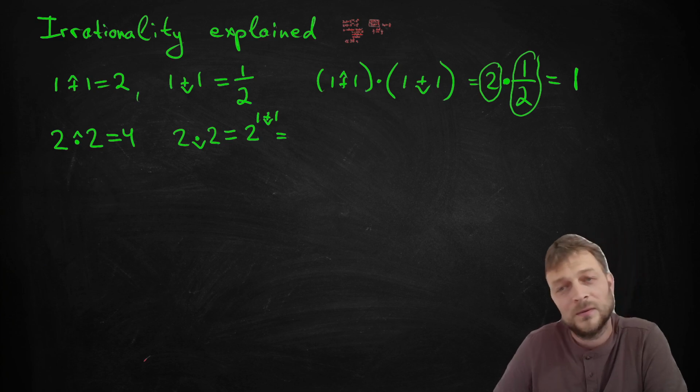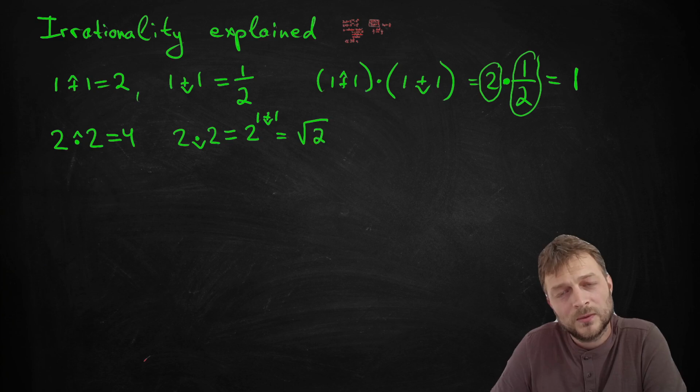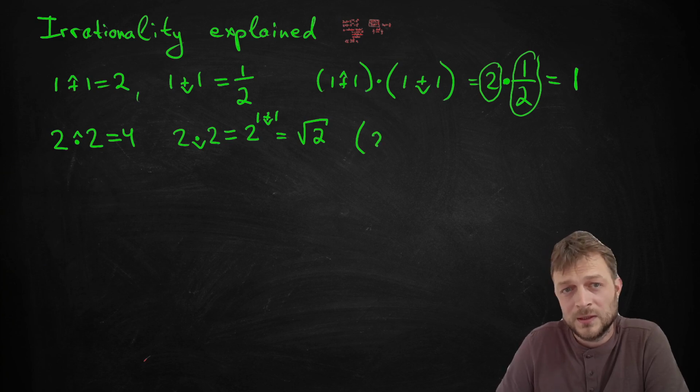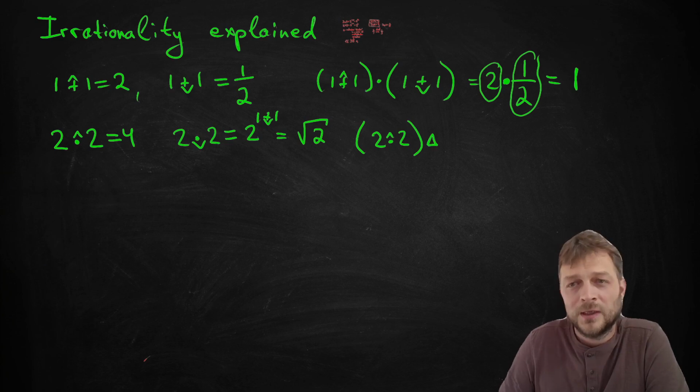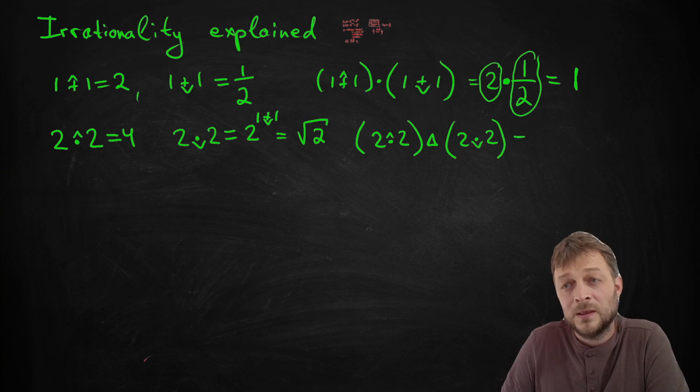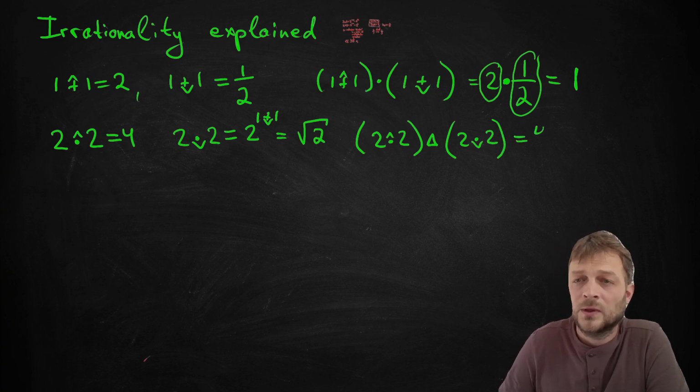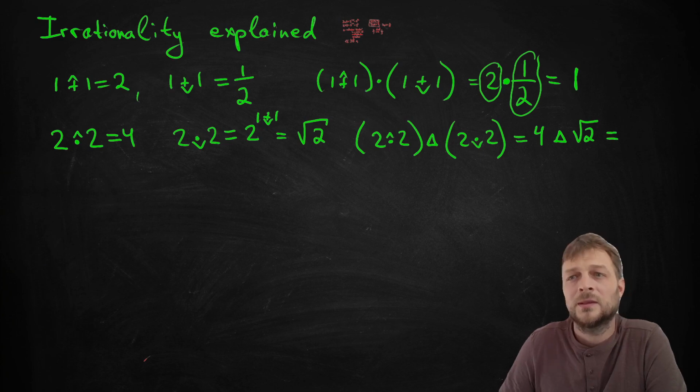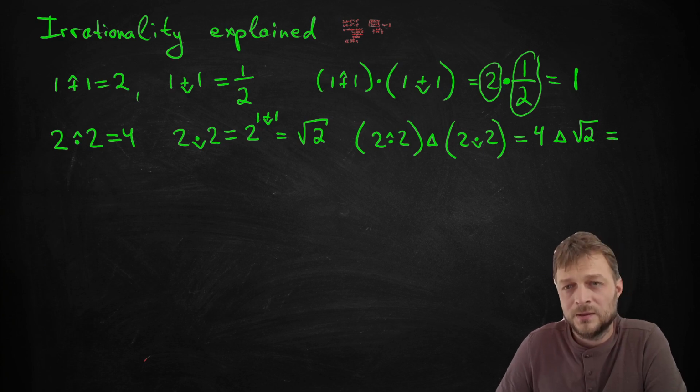It's 1/2 in the power, so it's the square root of 2. What we get here for multiplication is 2 multiplied by 2, triangle 2 multiplied by 2, it's equal to 4 triangle square root of 2, and we can just deduce what this is. It should be 1, but let's see.